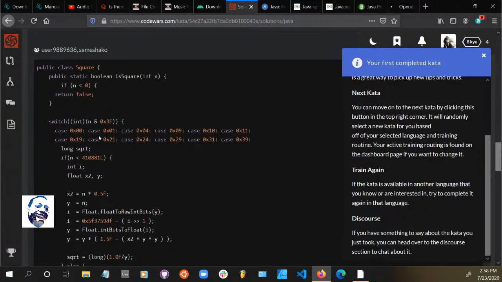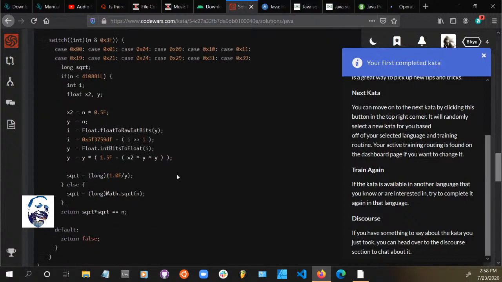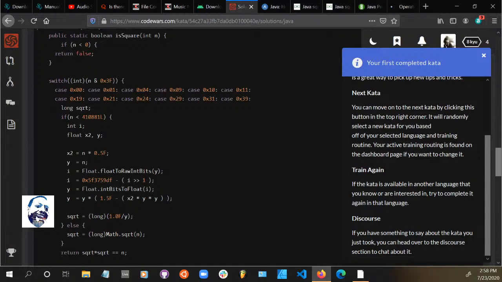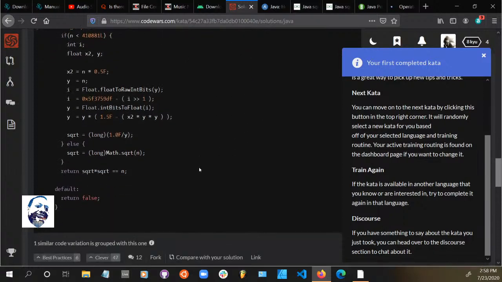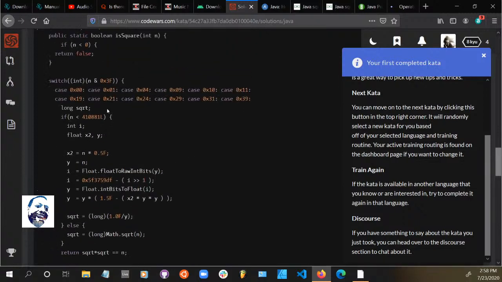See, these are people that just because they know something, they gonna do some extra bullshit. So he gonna go case 0, case. Oh, this is ridiculous. There's no way he could have passed. There's too many lines of code. Integer I, float x2, y, x2.